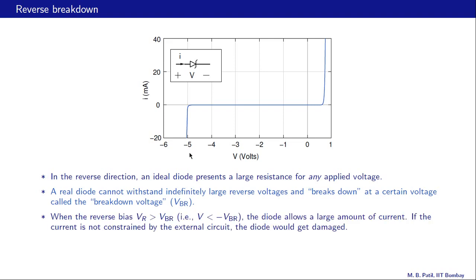Alright. In the reverse bias, VR is greater than VBR, that is when the applied voltage is less than minus VBR, in this case minus 5 volts, the diode allows a large amount of current as seen over here.